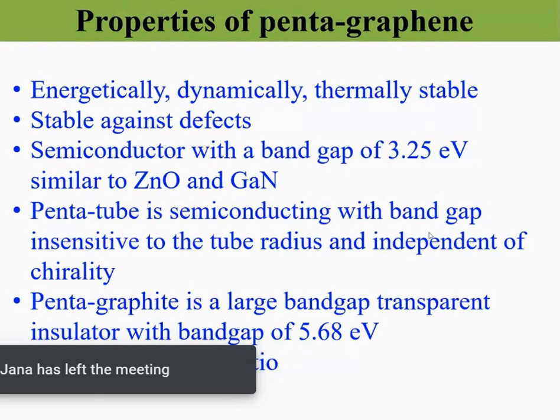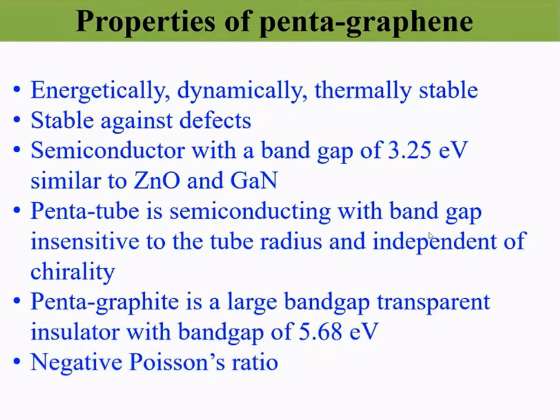Pentagraphite: if I make layers of pentagraphene, I can make pentagraphite. And depending upon how these layers are stacked, you can have one particular pentagraphite that is transparent, just like diamond, with a band gap of 5.68 eV.